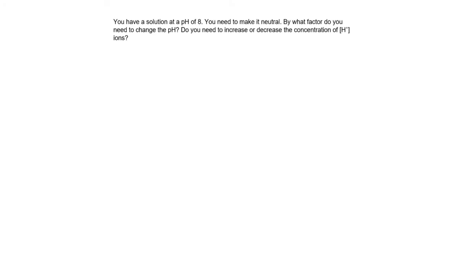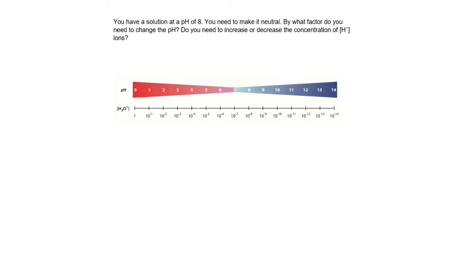Let's put our pH scale up. Here we go. Our scale will make it easier to answer this question. We are starting at a pH of 8. At a pH of 8, our concentration of hydronium ions is 10 to the negative 8. We need to go to a neutral pH. Well, what is the pH of a neutral solution? The pH of a neutral solution is 7.